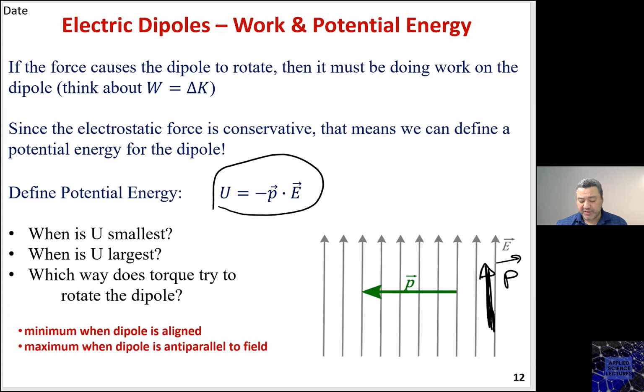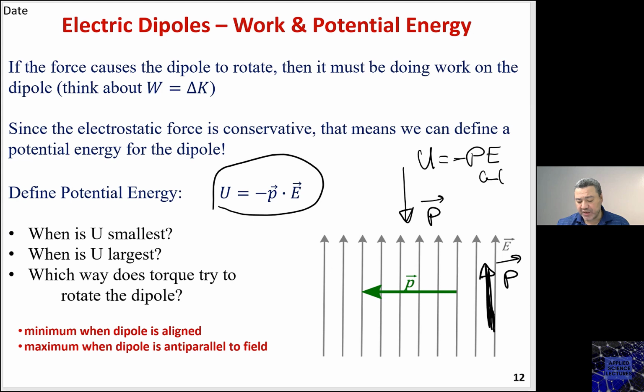Why? Because when this dipole moment is anti-parallel with the electric field, this is where I have the maximum electric potential energy. And again, if you do the math here, you will get the minus P magnitude E magnitude, and the angle, as you can see, is 180 degrees.